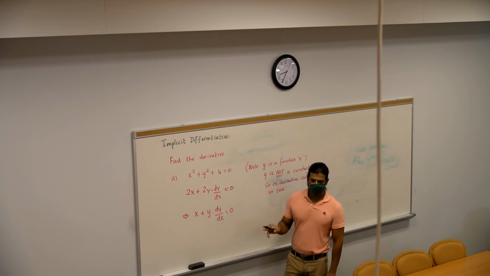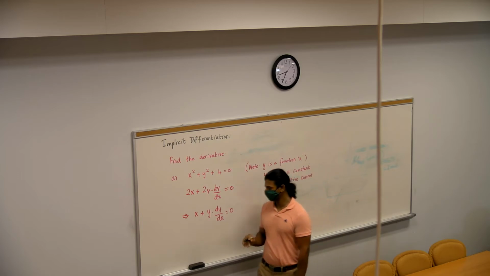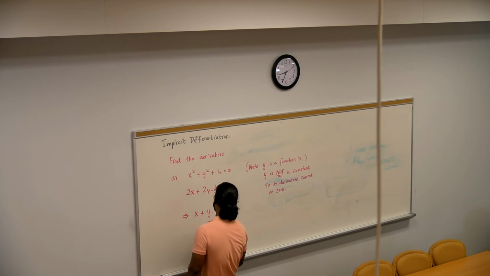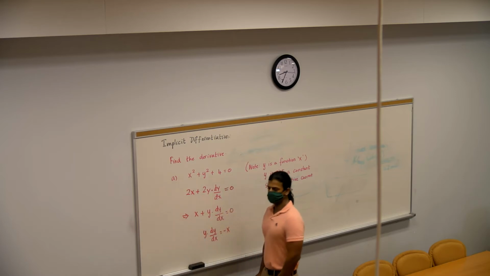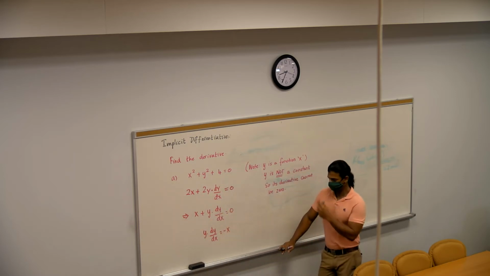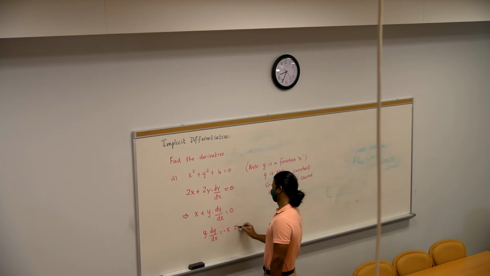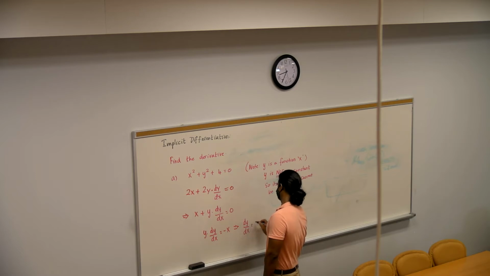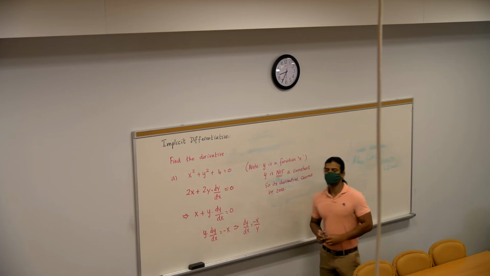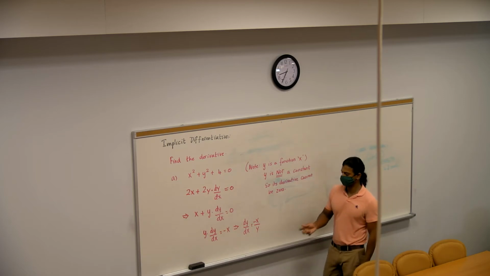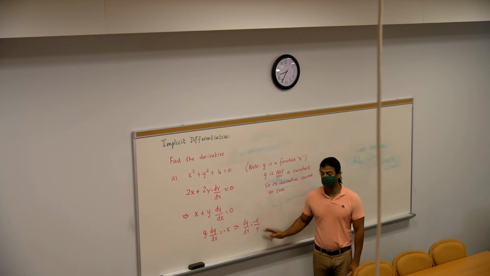We can move the x to the other side. y dy over dx equals negative x, which would imply that dy over dx is simply negative x over y.